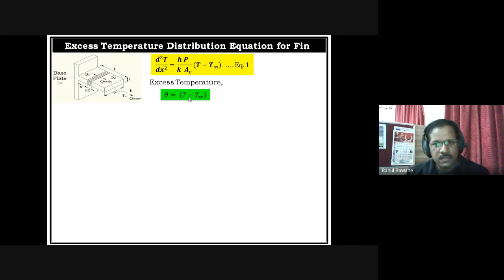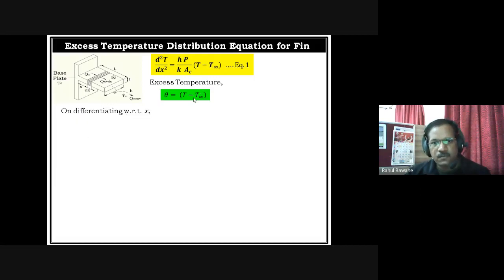So there must be a temperature difference. Whatever the temperature difference, that is the excess over the surrounding fluid, then only is there heat transfer from the fin to the surrounding. So the surface temperature is T, and the surrounding must be lesser than the surface temperature, then only does excess temperature exist, so heat will transfer. So excess temperature denoted by theta is nothing but T minus T infinity.